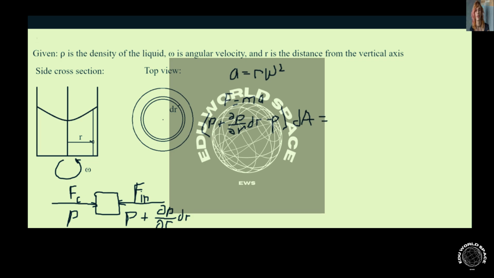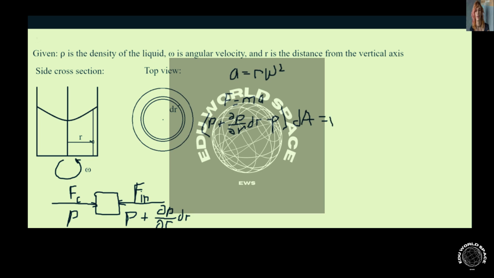We're going to equate that to the right side, but you're going to notice here that we need a mass. What we have is rho, which is the density of the liquid, and in order to get a mass from that, we need to multiply it by a volume. So what would the volume of this little box be?